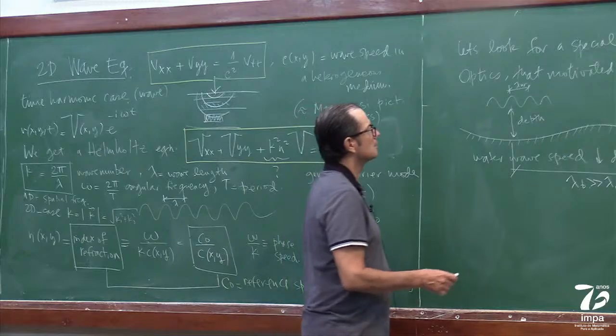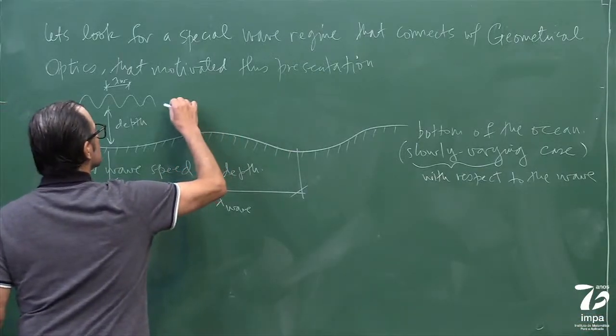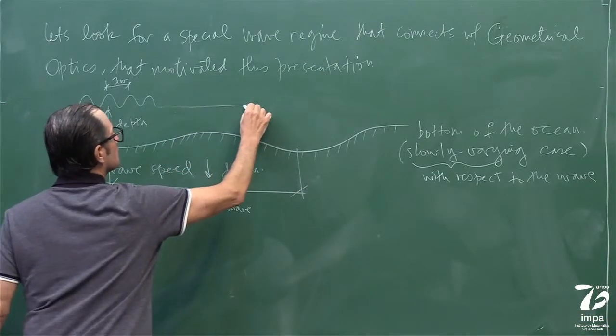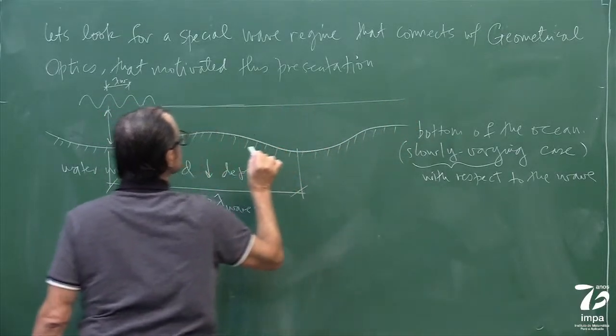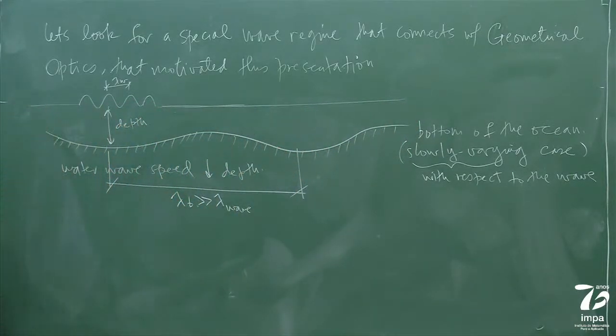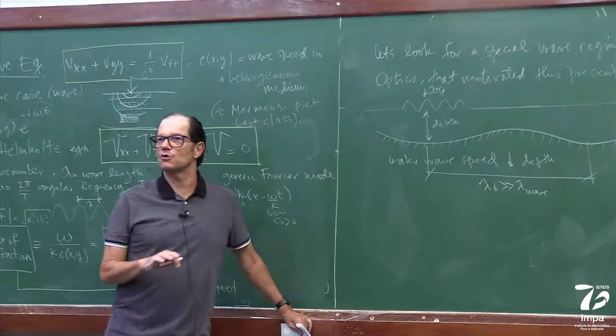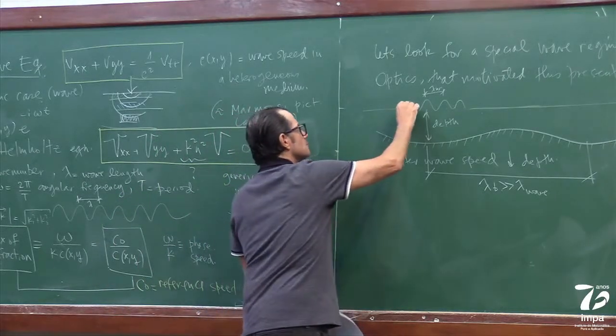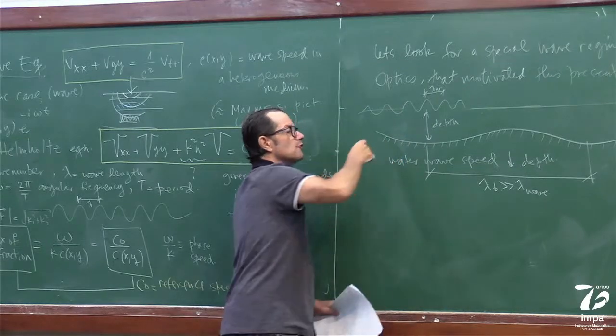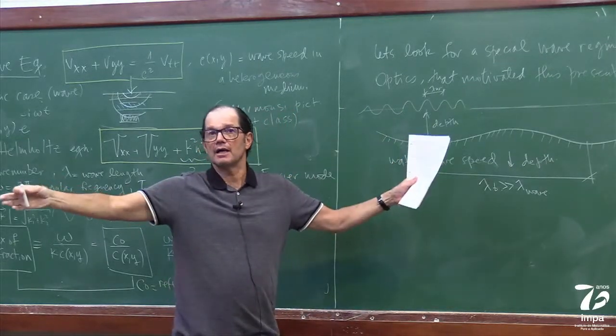Look what happens. In this region here, let me draw this like this. This is the undisturbed surface of the ocean. There's no waves, okay? And then this periodic wave comes. Since it's periodic, it should be everywhere.